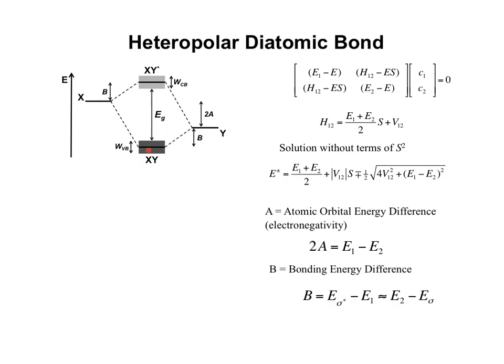The energy of the bonding molecular orbital will be lower in energy than the electronegative atomic orbital by an amount we call B, the bond energy.